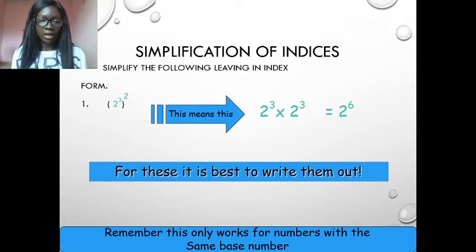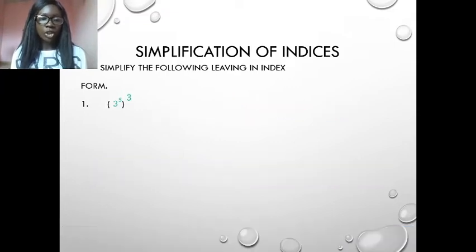Let's see another example. Now try to pronounce this in your own way. Now this is pronounced as 3 to the power of 5 all cubed.